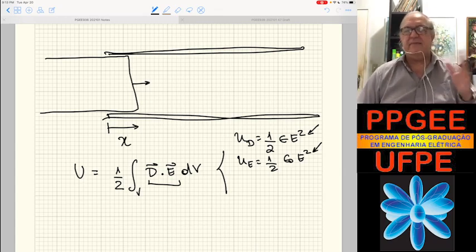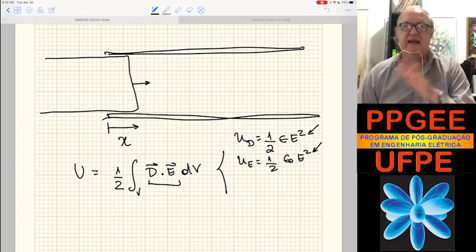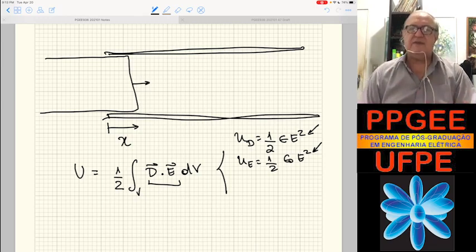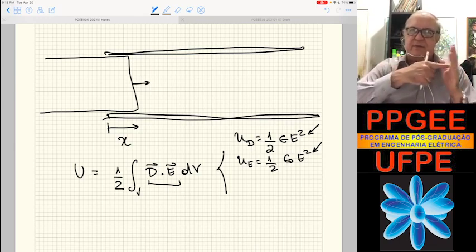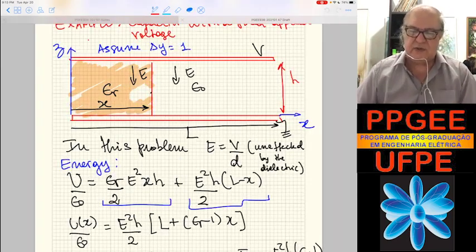If we put more dielectric, the energy is going to be larger, because you're going to have more dielectric, and E is always constant. So I just anticipate to you that the tendency is for the system to repel the penetration of the dielectric. So let's see how it is. Let's show that.